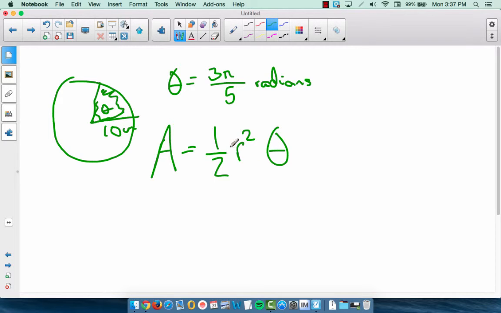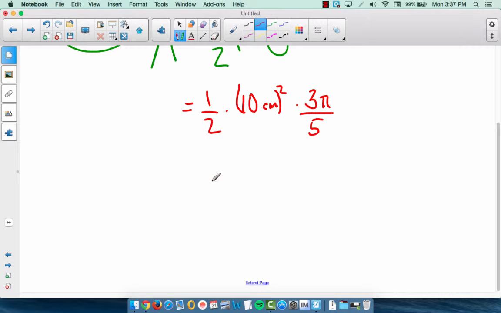Now I'm going to plug in 10 for r and 3 pi fifths for theta, because that's the radian measure. And so when I do that, I can say that the area is equal to 1/2 times 10 centimeters squared times 3 pi over 5.